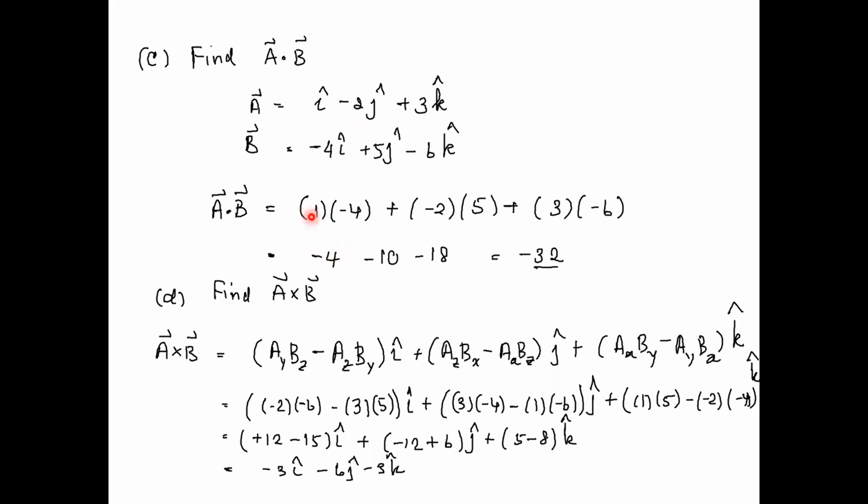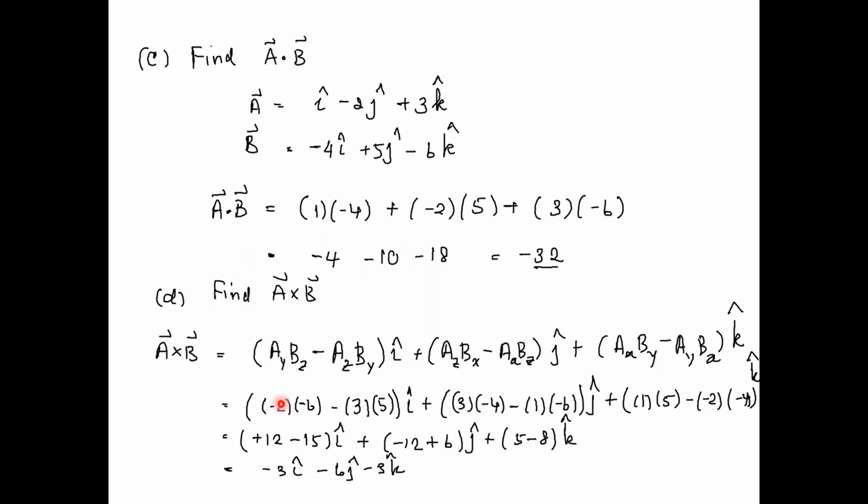So you get 1 times minus 4 plus minus 2 times 5 plus 3 times minus 6. The first term gives you minus 4, the second term minus 10, and the third term is minus 18. Add them up, you get minus 32. And that is the dot product.